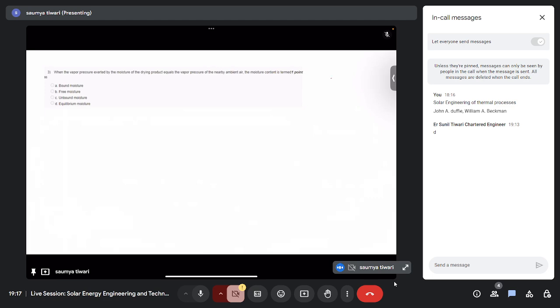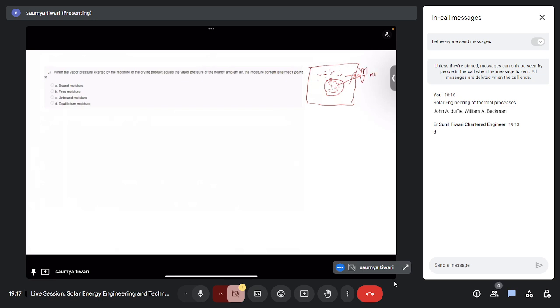Say you are talking about any material kept in ambient condition. When the vapor pressure exerted by the moisture of this drying product equals the vapor pressure of the nearby ambient air, then that moisture content is known as equilibrium moisture.